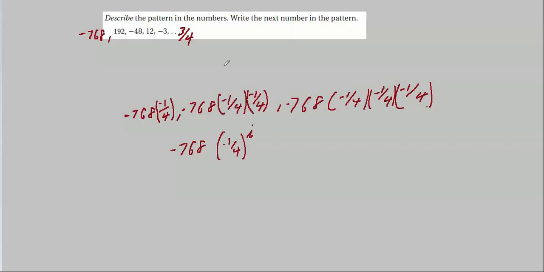The first term is to the first power. The next term to the second power. The third term would be 768. So the ith term is minus 768 times minus 1/4 to the i.